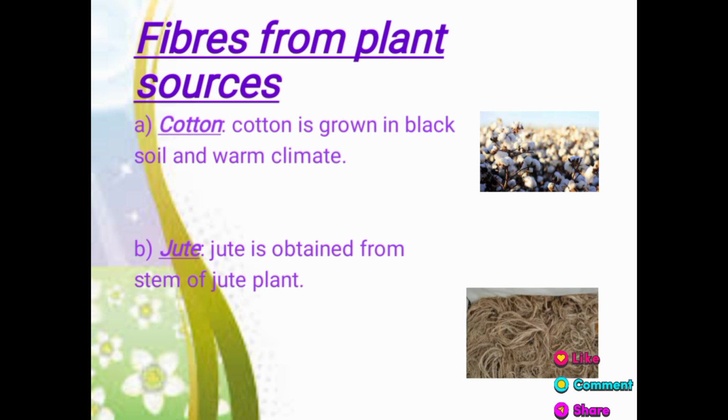These fibers are made from the cotton plant. Next one is jute. Jute is obtained from the stem of the jute plant. Rope and some bags that we use are made from this jute plant.